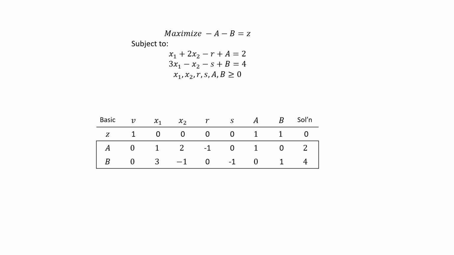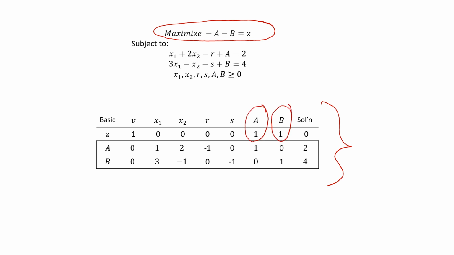So we take our objective function and we change the minimize to a maximize by making it a negative, because the simplex method that we've done so far is for maximization problems. And we can create a tableau. But now notice we have the same problem that we had with the M method, in that the coefficients in our objective function for our basic variables are non-zero. So we have to do the substitution.